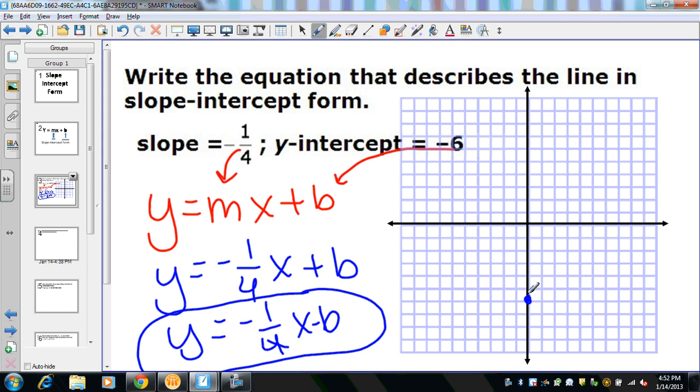And so it's rise over run, so I'm going to go up 1 and over 4, and so that's another point. And I can keep going up 1 over 4, again, because the slope is negative. And then you would connect the dots, and we'll pretend yours are straight because mine is not. And this is what the graph of that line looks like.